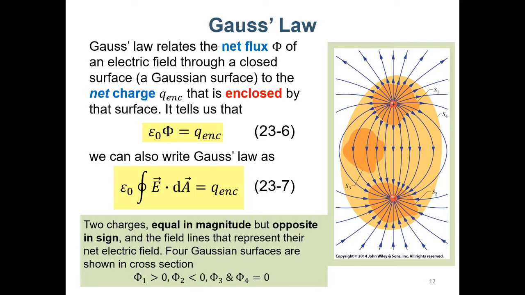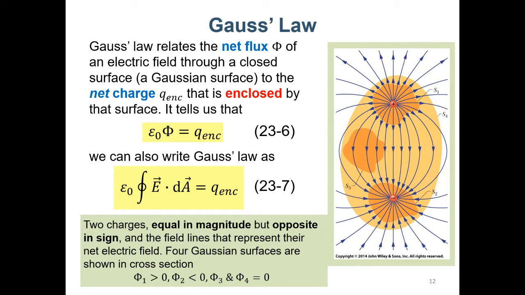So negative for this part and positive for that part. You can see the electric field lines are going outside, but when you add all of them together, it turns out to be 0.